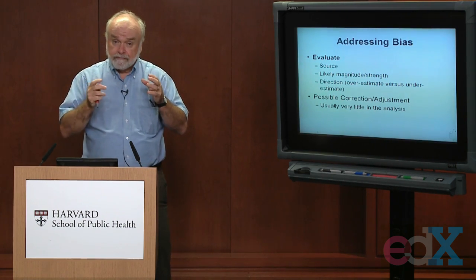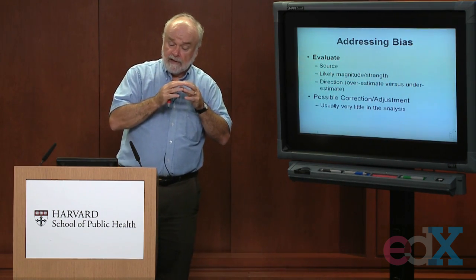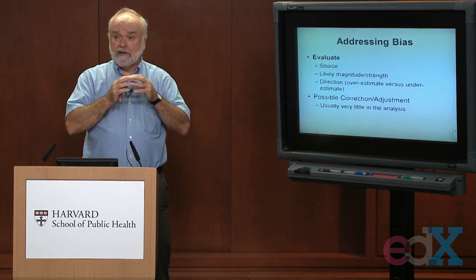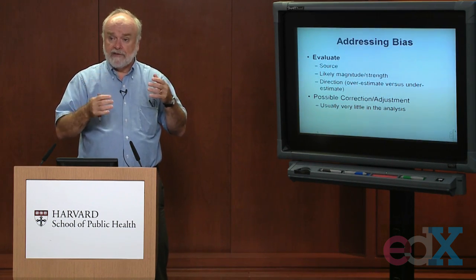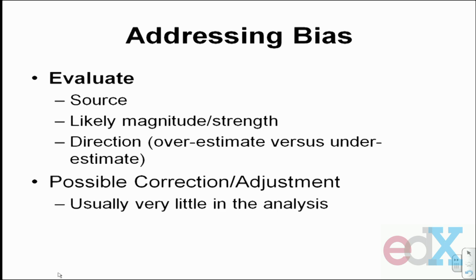But in general, if you have a potential bias in the study, how do you go about addressing that potential? The first thing you have to do is try to identify the source of the bias. Is it a selection bias? Is it a measurement bias? If so, why is it a selection bias? Why is it a measurement bias? The next thing you'd like to do is decide, is this a serious problem or a minor problem? Is it going to give you an answer that's a little bit biased or greatly biased?